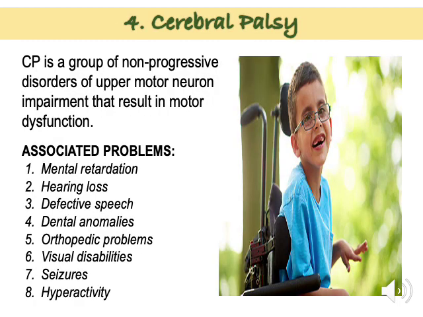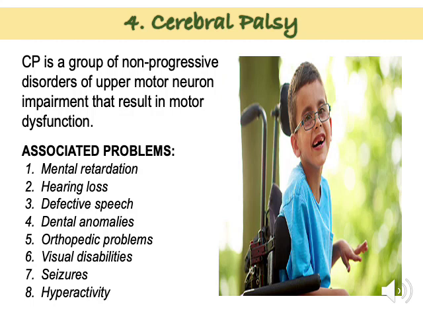Cerebral palsy or CP is a group of non-progressive disorders of upper motor neuron impairment that results in motor dysfunction. It's a permanent movement disorder that appears in early childhood.